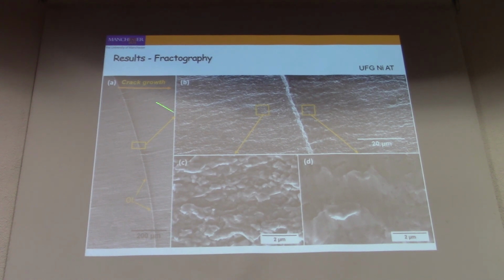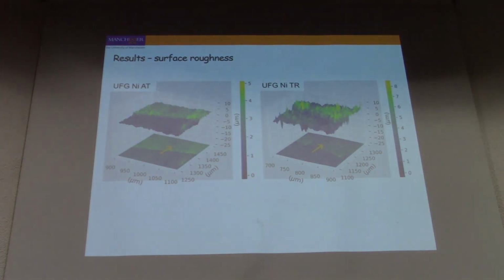However, for the other sample, we can also observe crack face contact, but to a smaller degree. Roughness can be a very important factor that can induce crack closure. So we did a 3D roughness measurement, showing that for the TR case, the roughness is higher than the other.